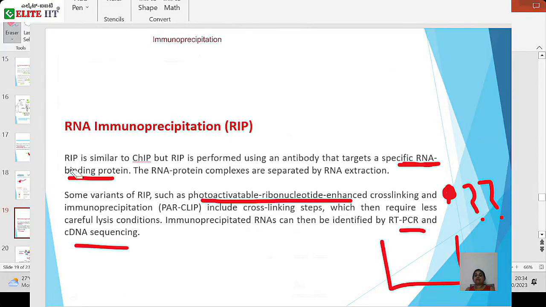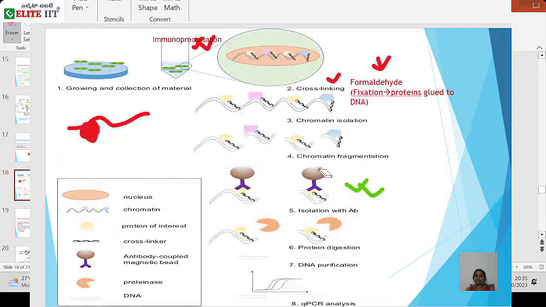Clear? So RIP is similar to ChIP, but RIP is performed using an antibody that targets a specific RNA binding protein. In the ChIP method, we are targeting DNA binding protein, so against DNA binding protein you have to develop the antibody, and that antibody is attached with the bead.